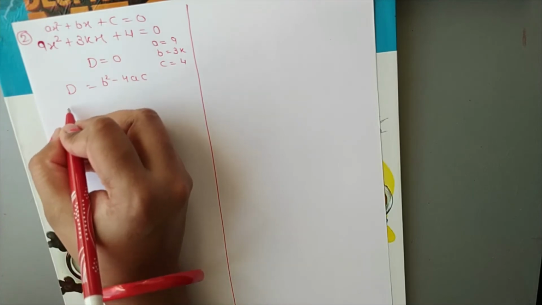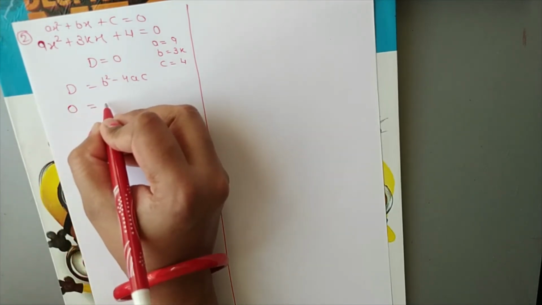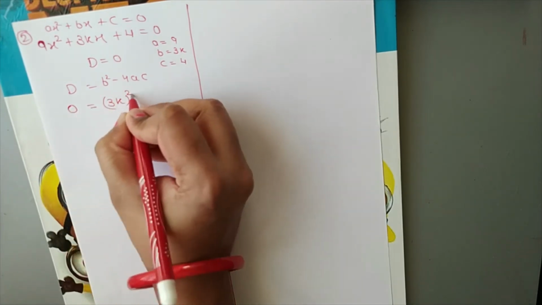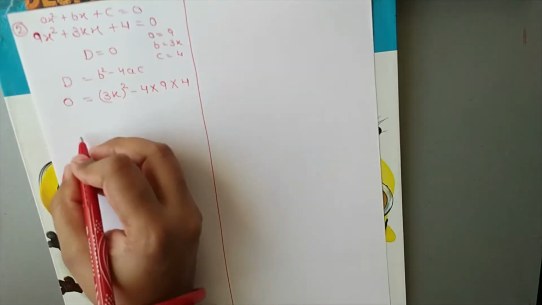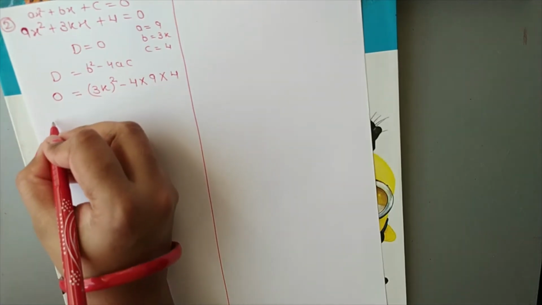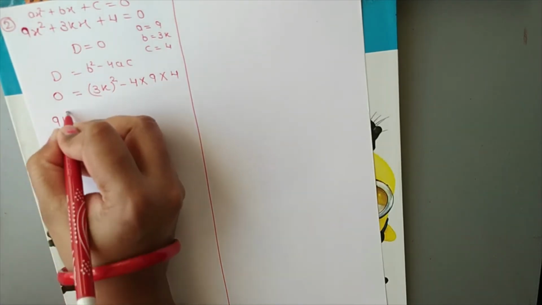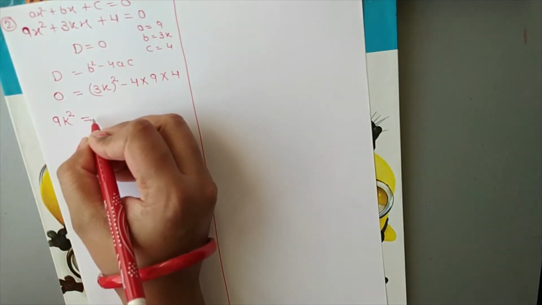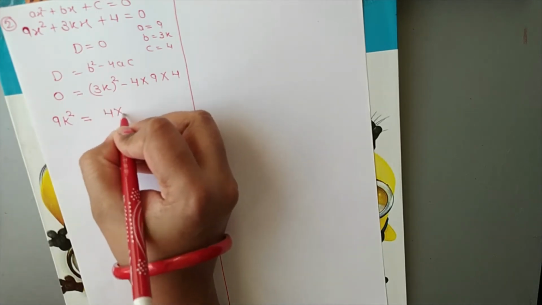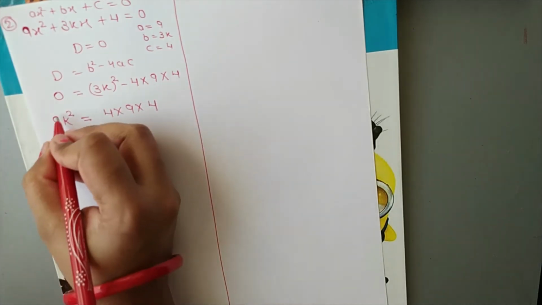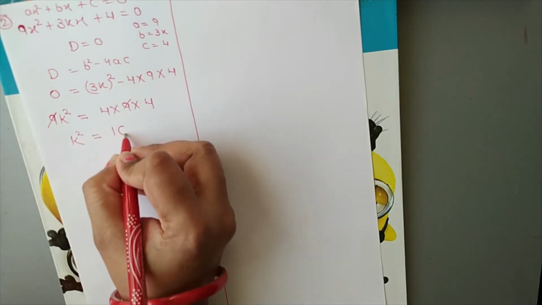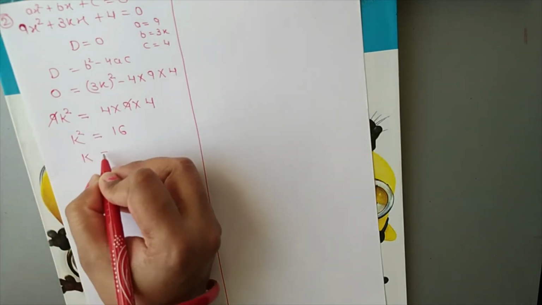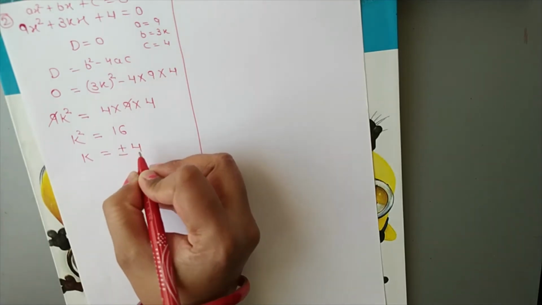So here it will be 0. b square is 3k whole square minus 4 into 9 into 4. So transferring it, 3 3s are 9k square is equal to 4 into 9 into 4. So 9 and 9 will be cancelled. So k square is equal to 16. That is k is equal to plus minus 4.